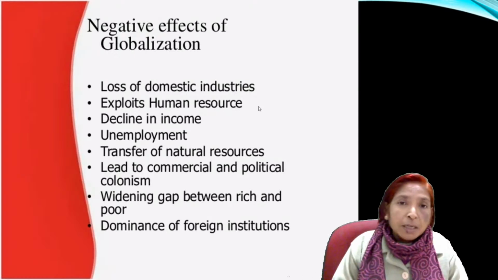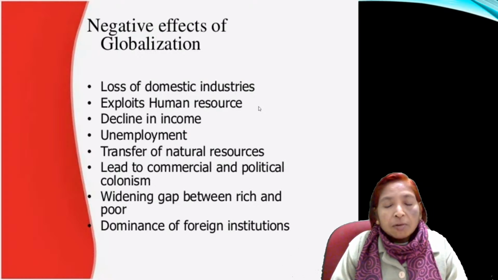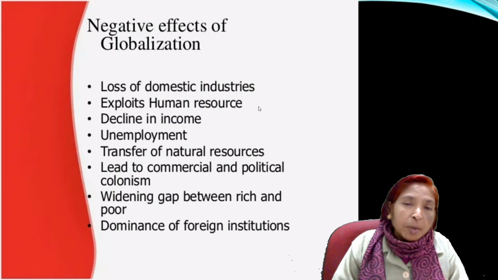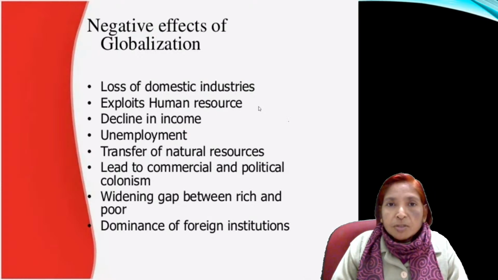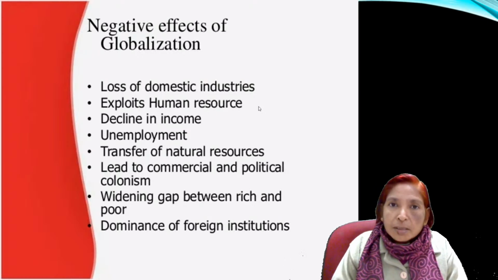That's why developed countries, who have huge capital power and modern technologies, are using all those available natural resources for their own benefit. So by this globalization process, natural resources are moving from least developed countries to most developed countries.